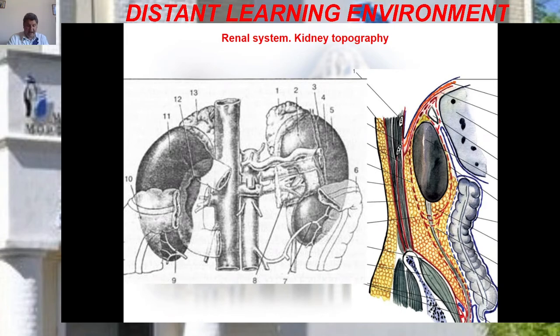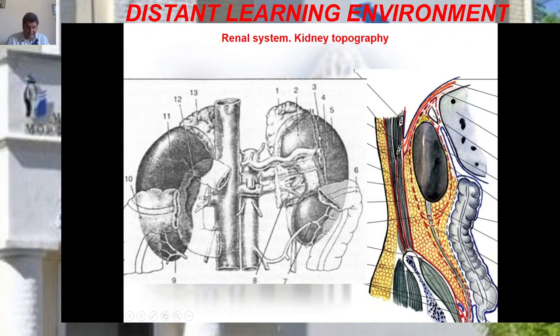Near the upper end, part of the anterior surface of the left kidney, like that of the right kidney, is covered by the suprarenal gland. You may see number 1. Immediately below this area, the upper third of the surface is related to the stomach. We can see the part of the stomach here.